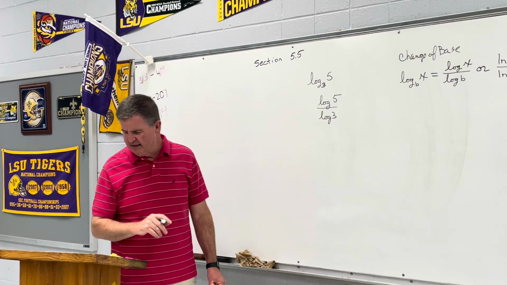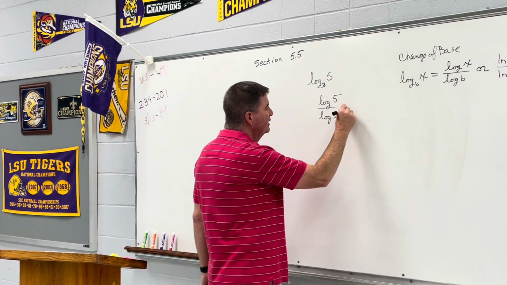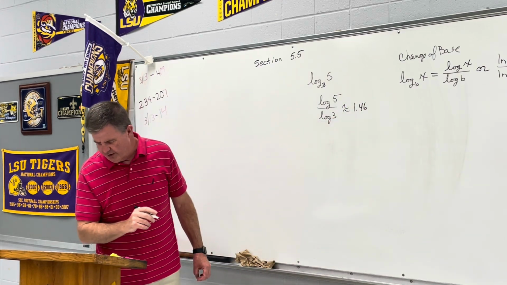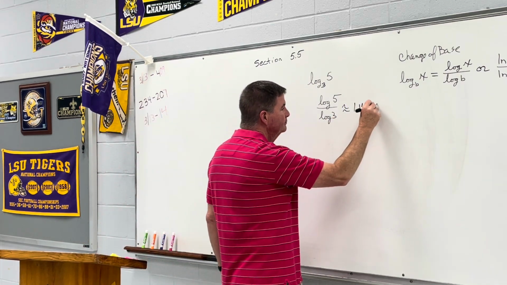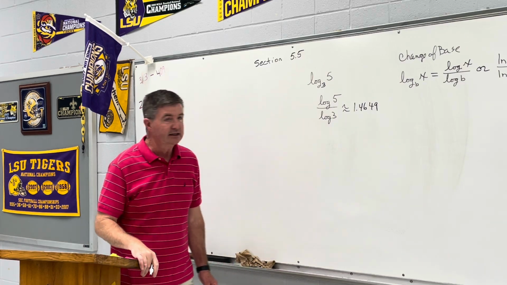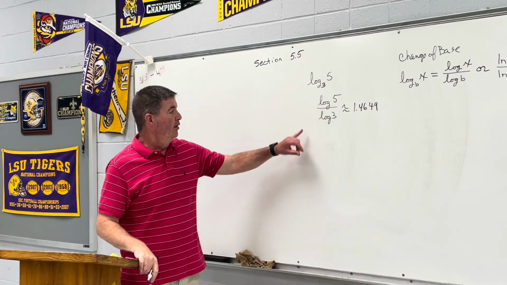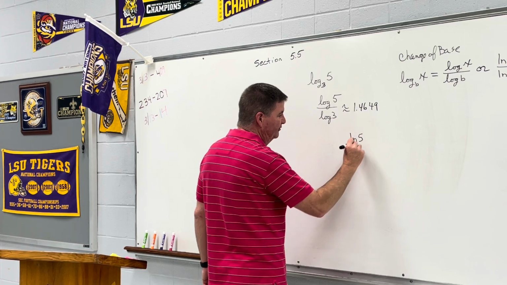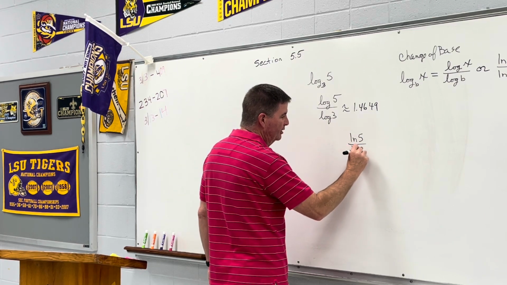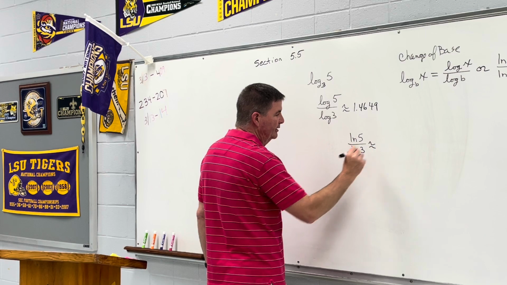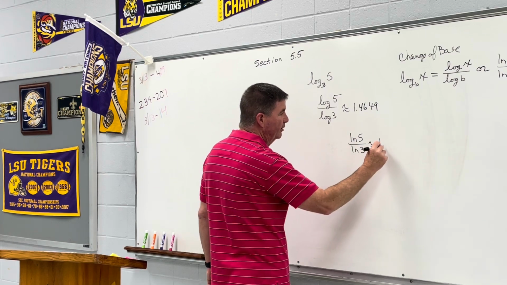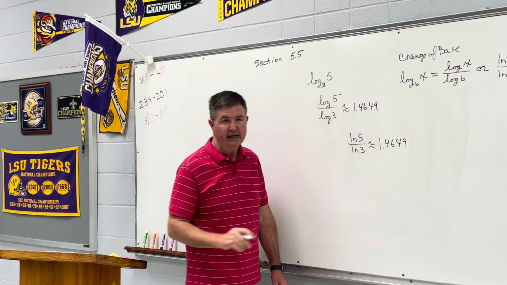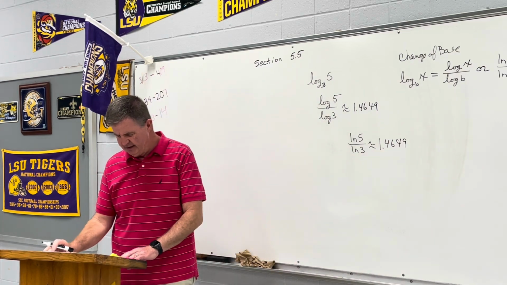If you punch that into the calculator, you will get approximately 1.4649. Make sure that that's what you're going to get. Or you can do it as natural log of 5 over natural log of 3. And again, you would get approximately 1.4649. The same number, using change of base either way.